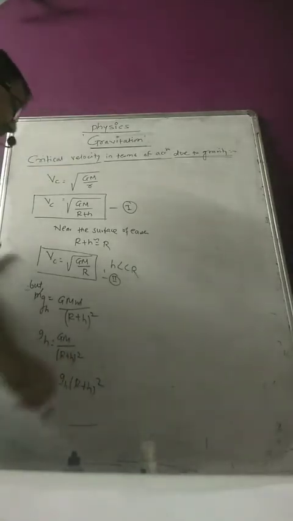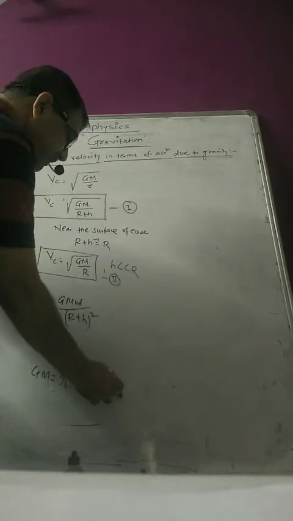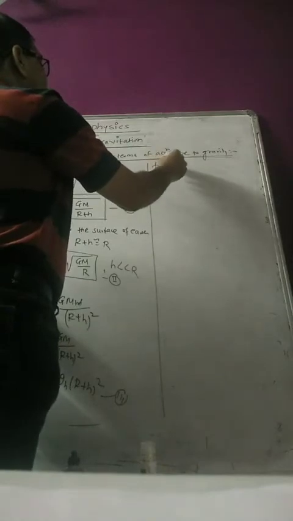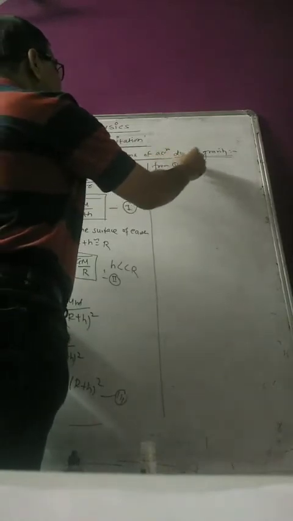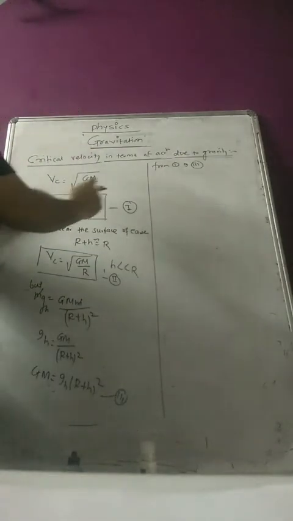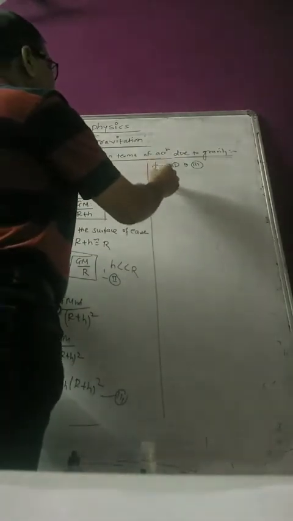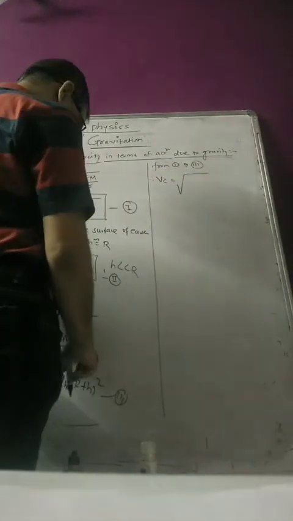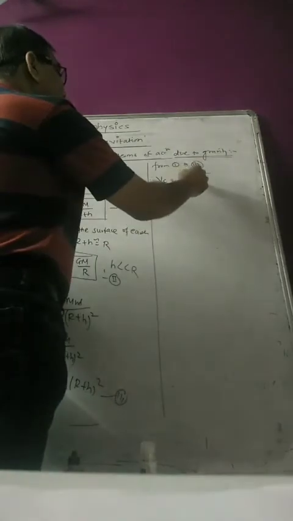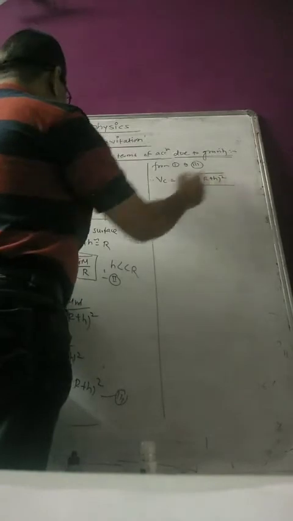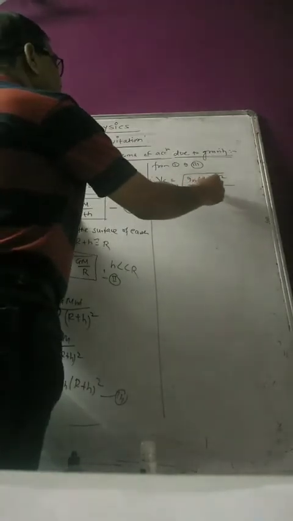Now I will substitute this value of equation 3 in equation 1. So the critical velocity expression becomes under root of g_h into (r plus h) square upon (r plus h).